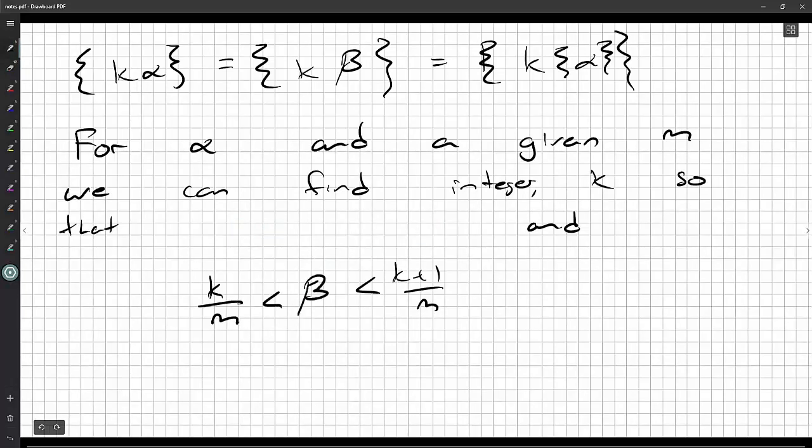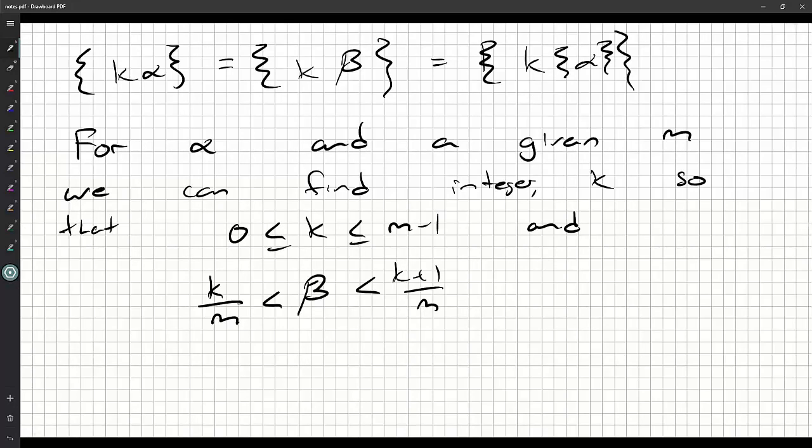So what we're really doing is chopping up the interval between 0 and 1, and we're fitting beta in somewhere in here. Okay, so then what happens if I do 2 beta?